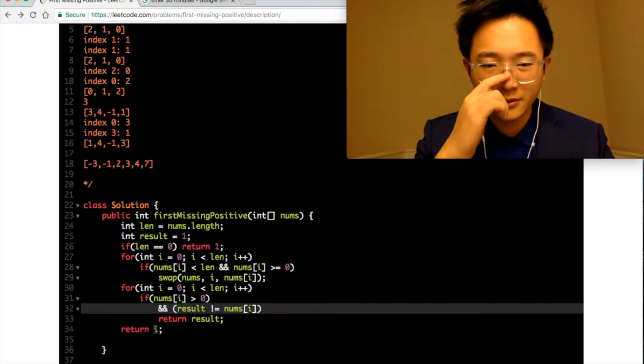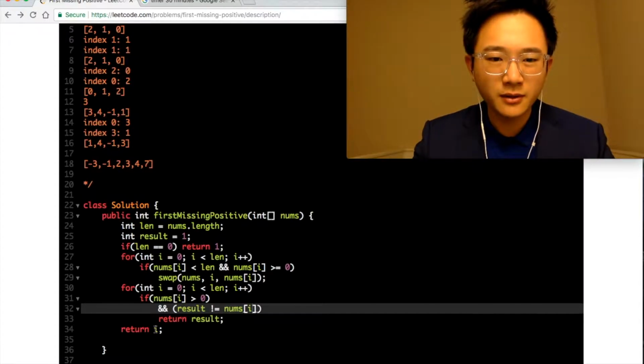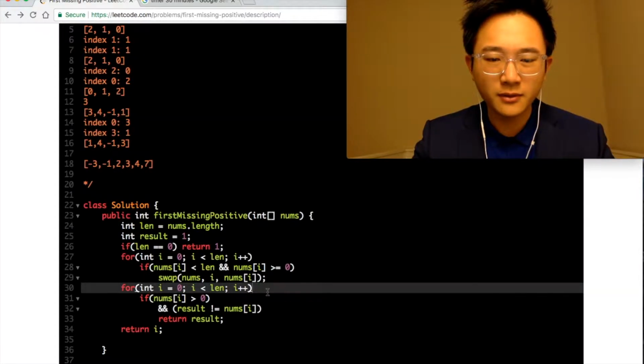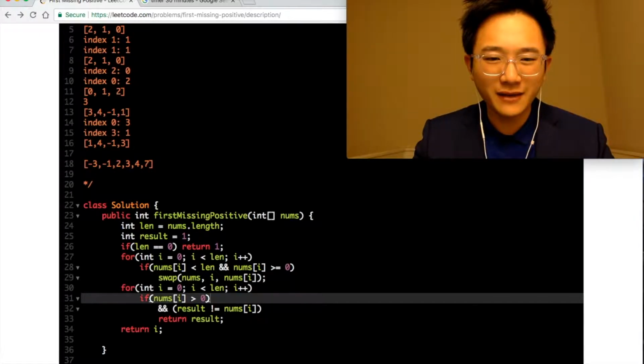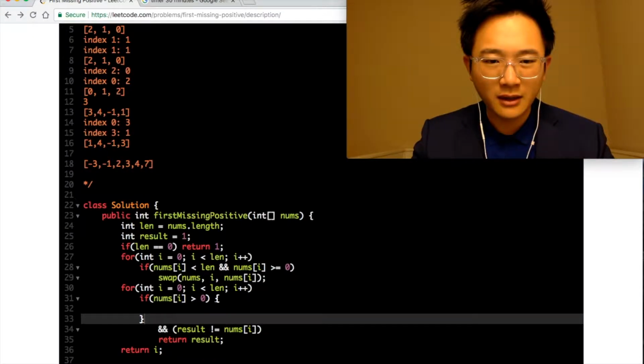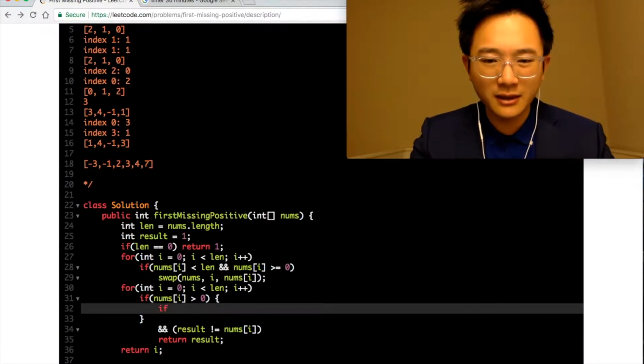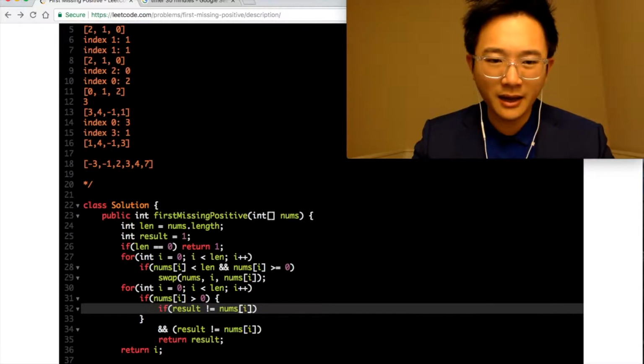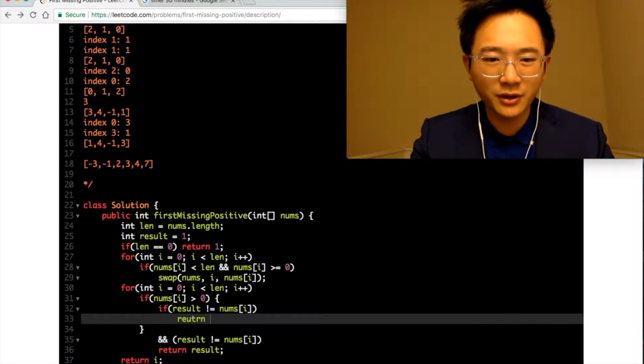Otherwise, okay, we need a little bit more. So if it's larger than that, we need another condition. So if result is not equal to numbers i, then we'll just return result.